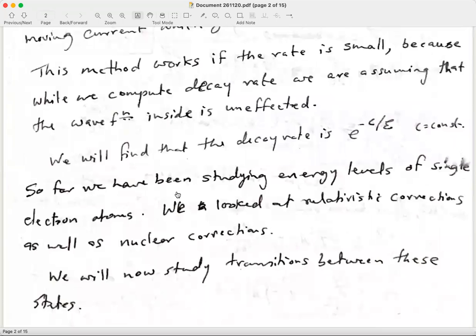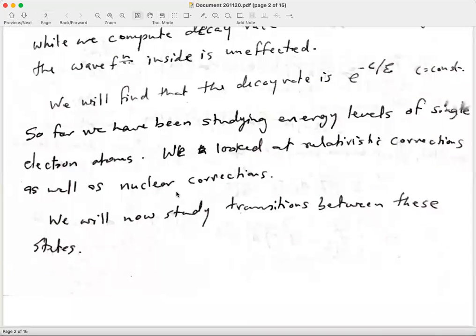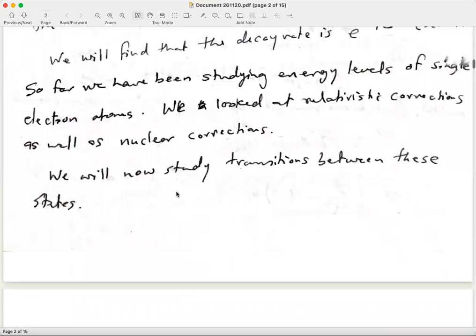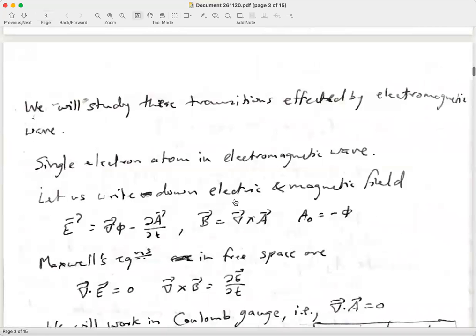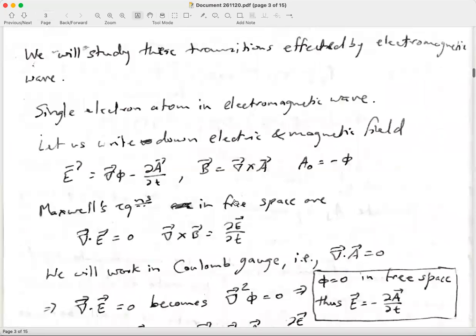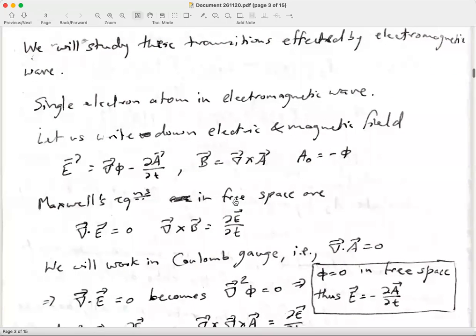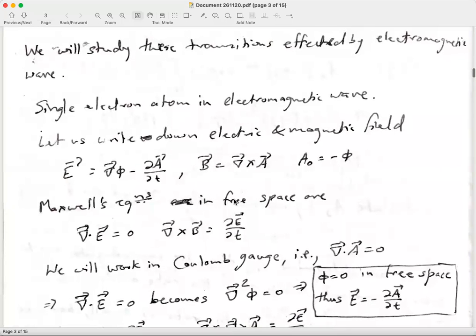What we will do now is to study transitions between the energy levels. That is something we have not looked at yet. Now to study transitions which are affected by an electromagnetic wave, we will start with a study of the electromagnetic wave first and set it up in a proper fashion so that we can study the behavior of a single electron atom in the background of an electromagnetic wave.